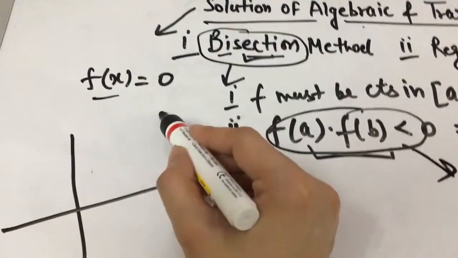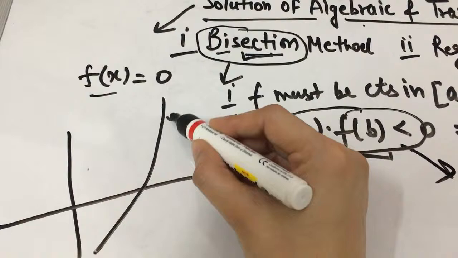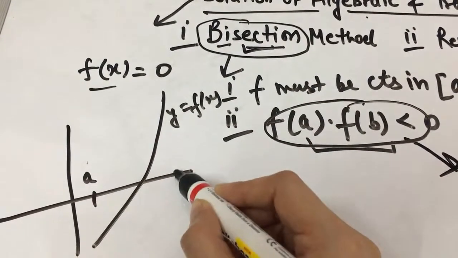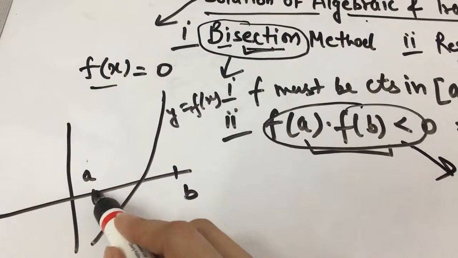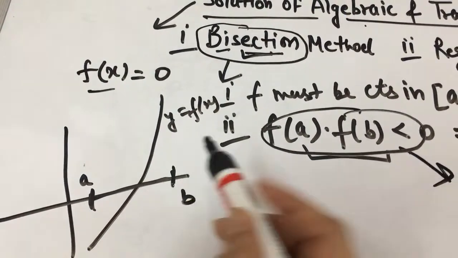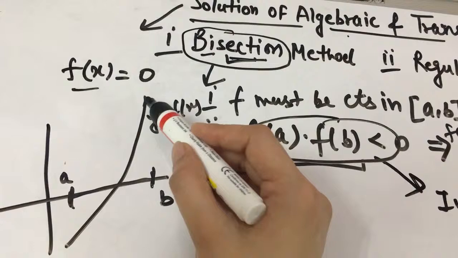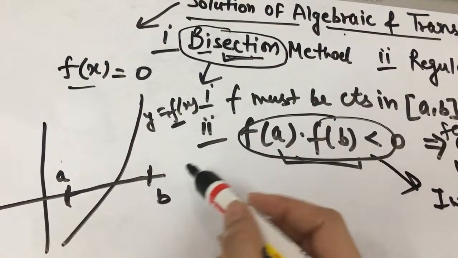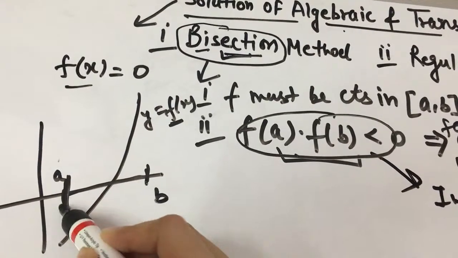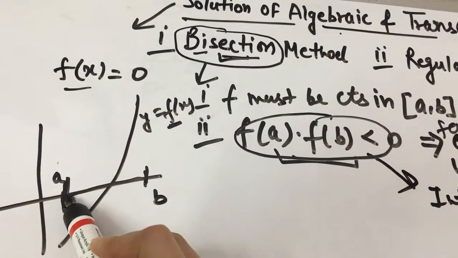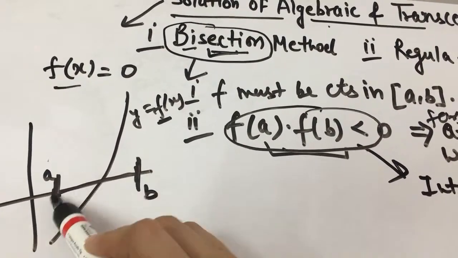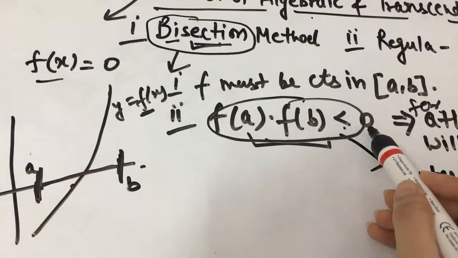Suppose this is our curve y equal to f(x), and suppose A, B, this is domain. So the first thing is that this function f should be continuous. Second is that the value of function at point A and the value of function at point B, their product should be less than 0.